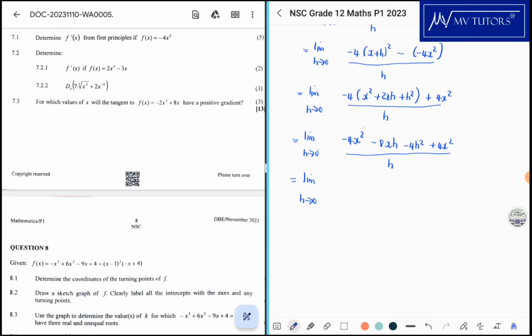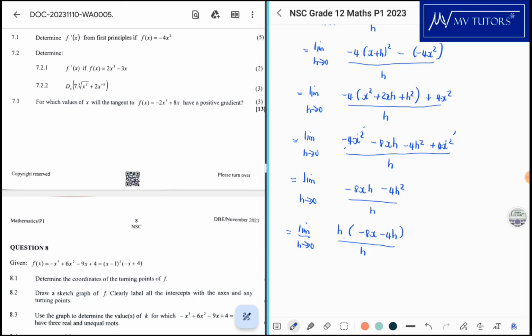So we're going to cancel these ones out. And then we have negative 8xh minus 4h squared all over h. Now let's take the common factor out, which is h in the numerator. So we're left with negative 8x minus 4h divided by the h.